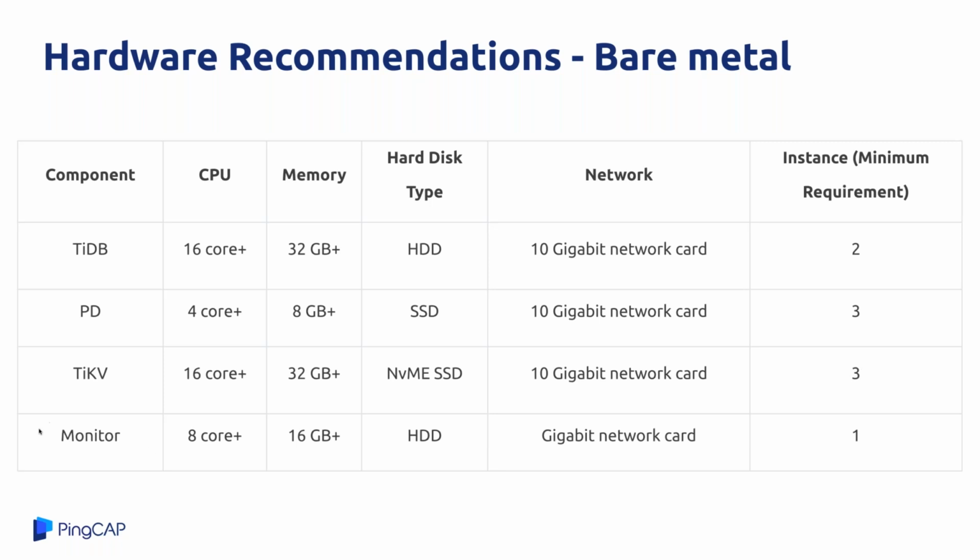And for the monitor stack like Grafana and Prometheus, collecting metrics, I suggest you put them on another node. You don't have to use fancy hardware for the monitor. It is very easy to understand.